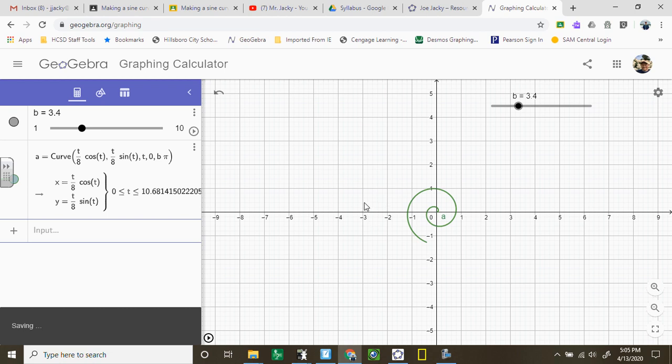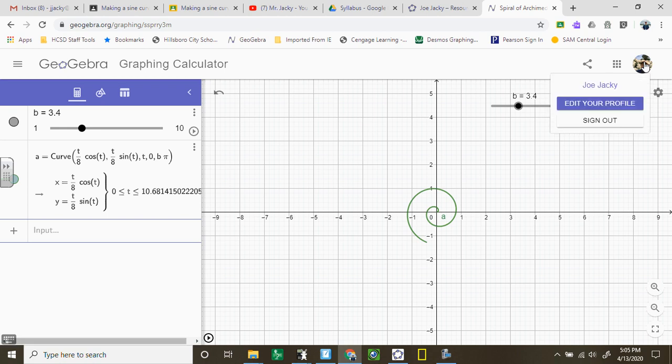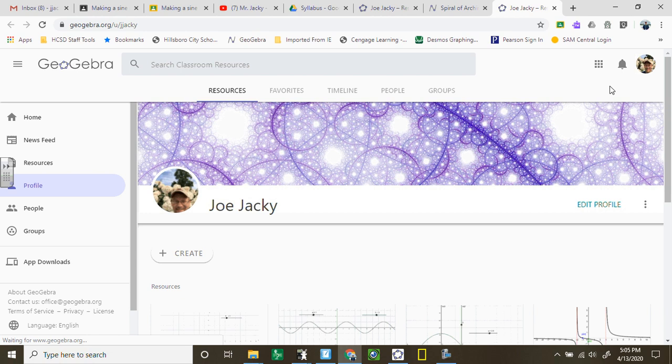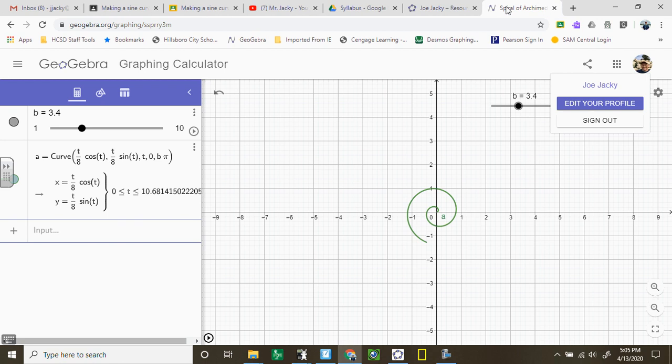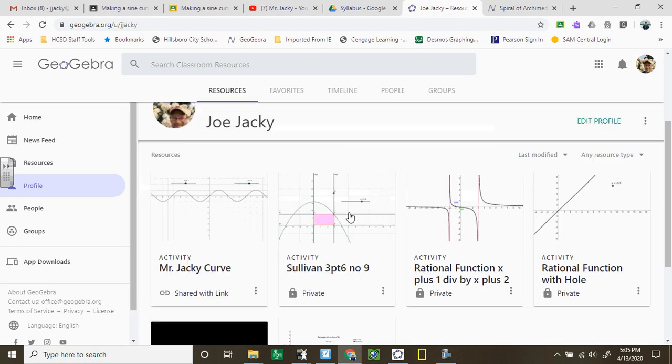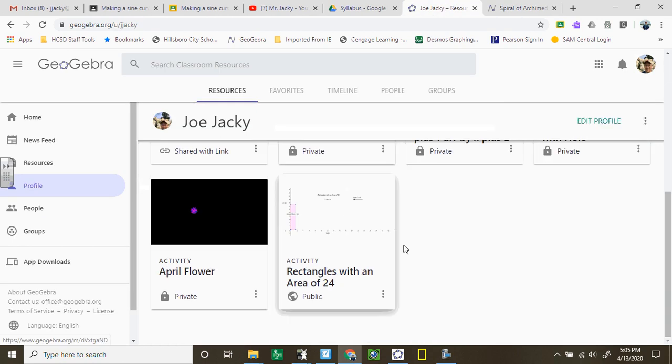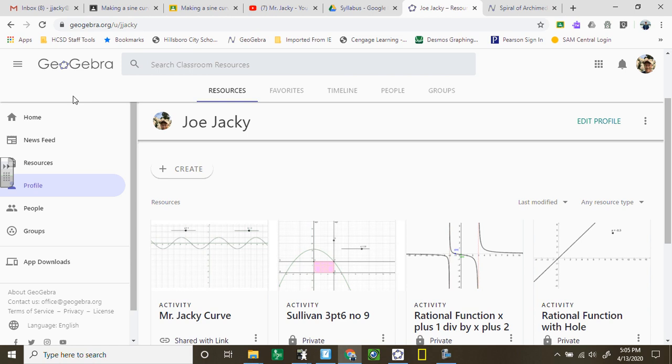Okay, now if I go to my stuff, it should be there. So if I go to myself, there we go. There I am. Or I guess I could have clicked up here because it was right there, wasn't it? Could have done this other tab right there. And refresh.